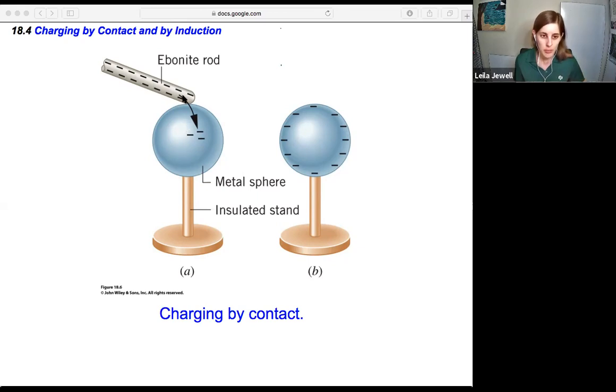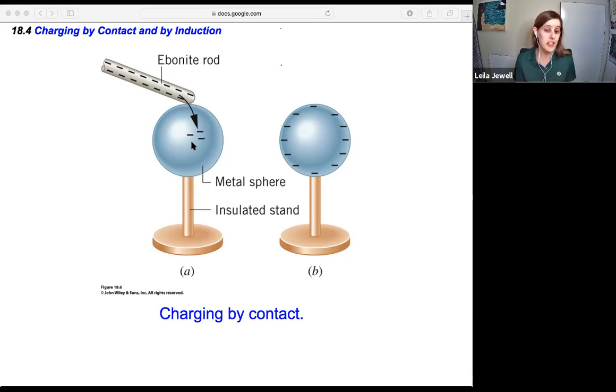So when we touch the ebonite rod to the metal sphere, the electrons will flow from the rod to the sphere. The rod is transferring electrons to the metal sphere. But once these electrons, represented by the minus signs here, get on the sphere, they're like charges, and they do not want to hang out right next to each other. So if they are able to move away from each other, they are going to do that.